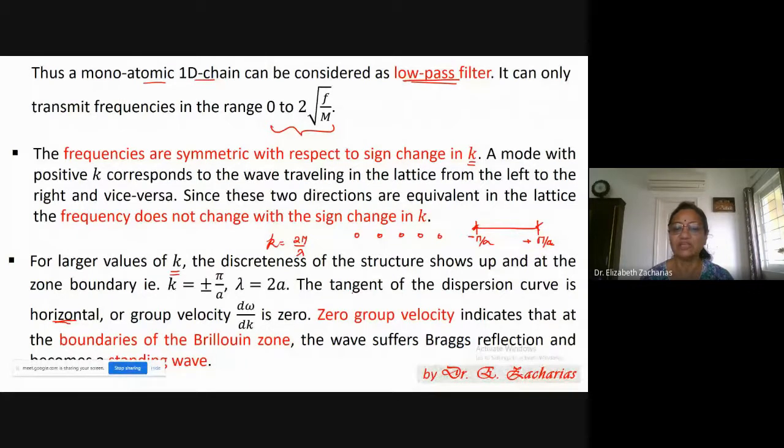The tangent of the dispersion curve is horizontal, or the group velocity is 0. And 0 group velocity indicates that at the boundaries of the Brillouin zone, the wave suffers Bragg's reflection. So a wave traveling at the boundary suffers a reflection, or there is a standing wave formed. At the borders of the Brillouin zone, there is a standing wave formed.